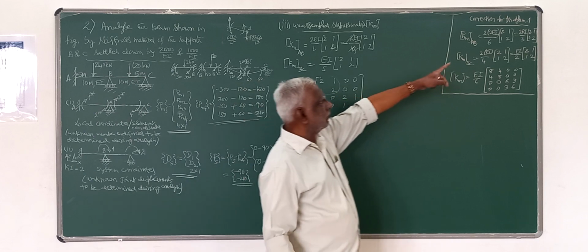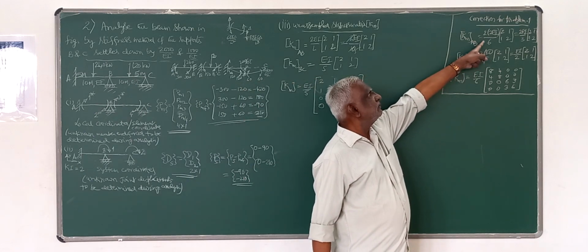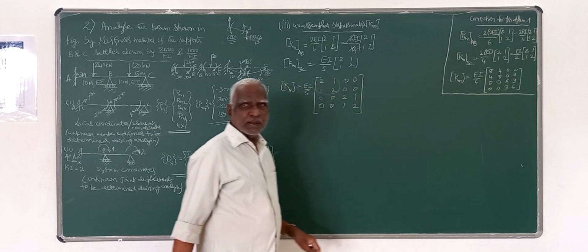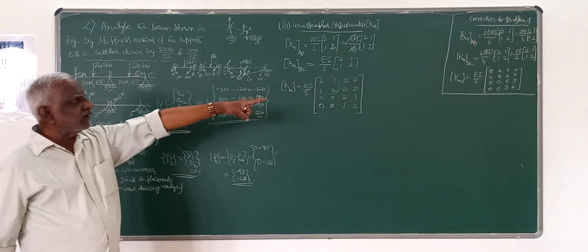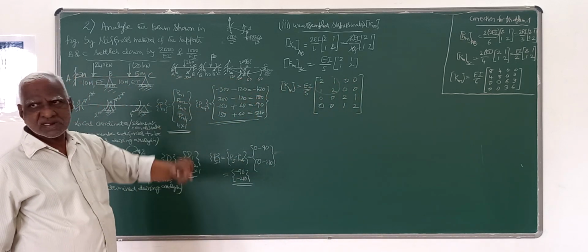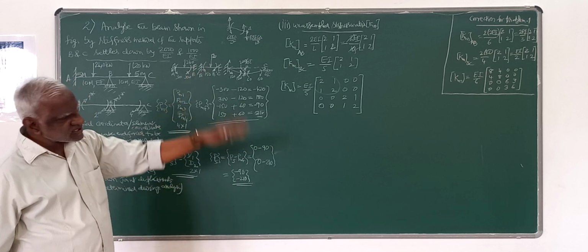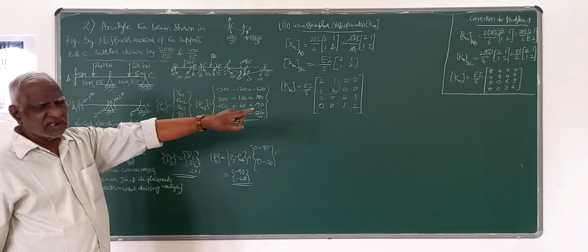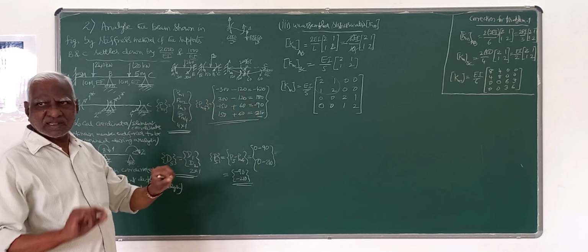There was some mistake we committed while calculating the stiffness matrix of members AB and BC, and also the unassembled stiffness matrix. The rest of the things have been taken care of, like the Ks and Ks inverse in the chain.